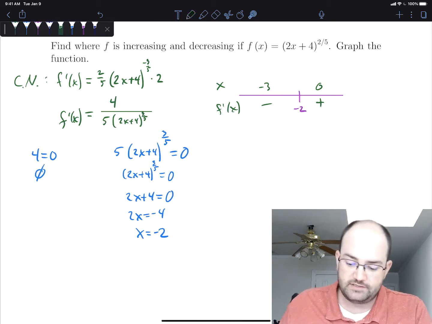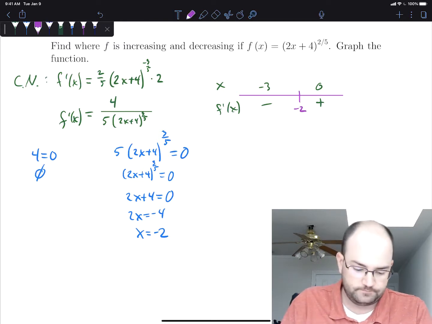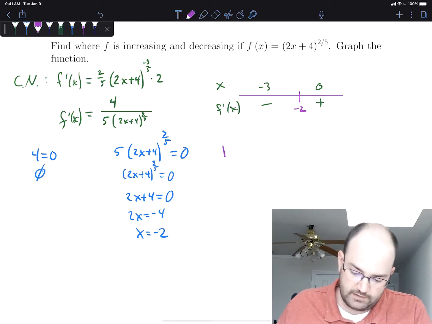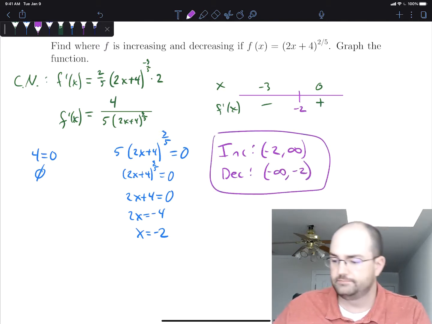And so that tells me that this function is decreasing to the left of negative 2, and it's increasing to the right of negative 2. So we have increasing from negative 2 to infinity, and it's decreasing from negative infinity to negative 2. Awesome.